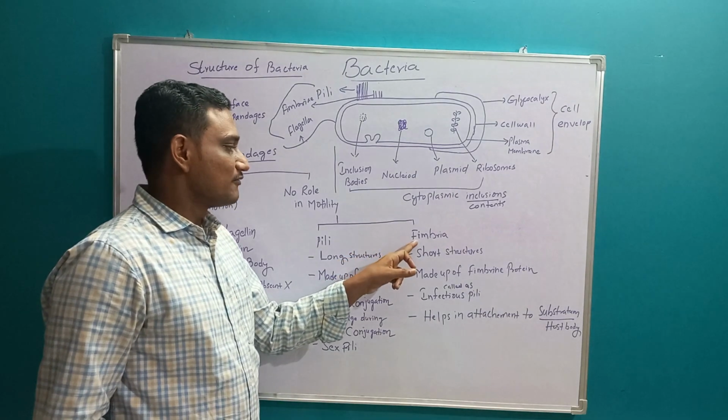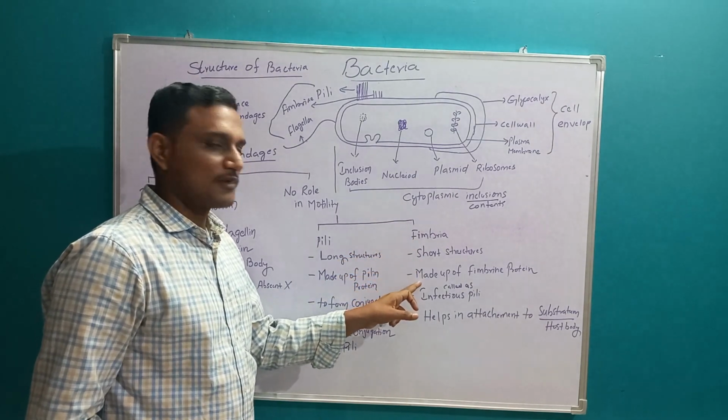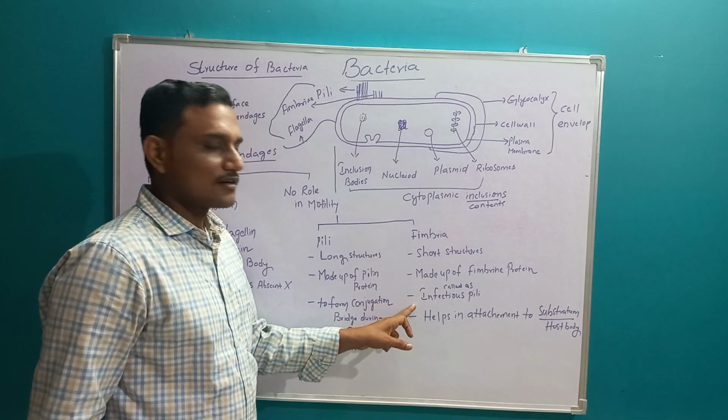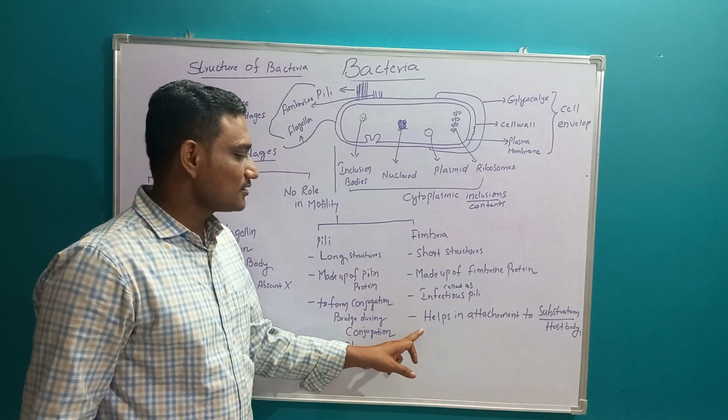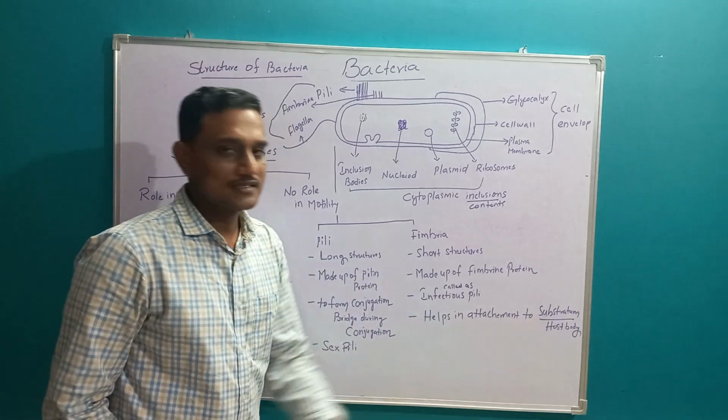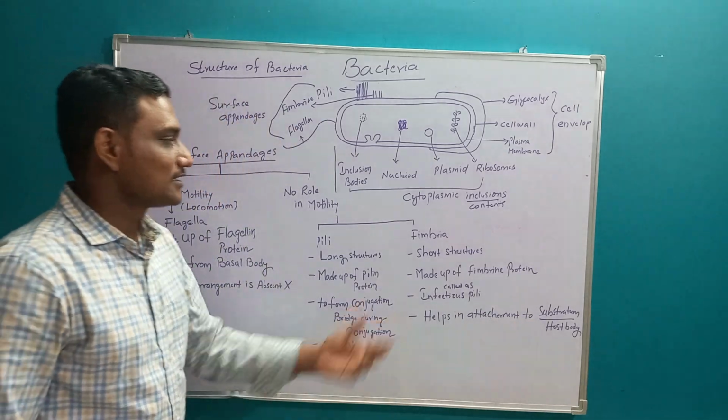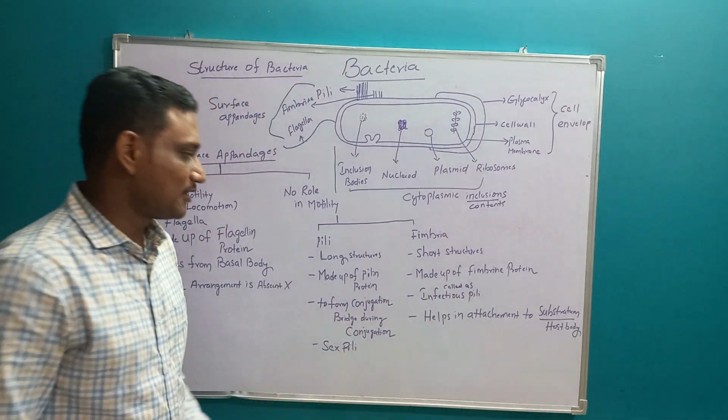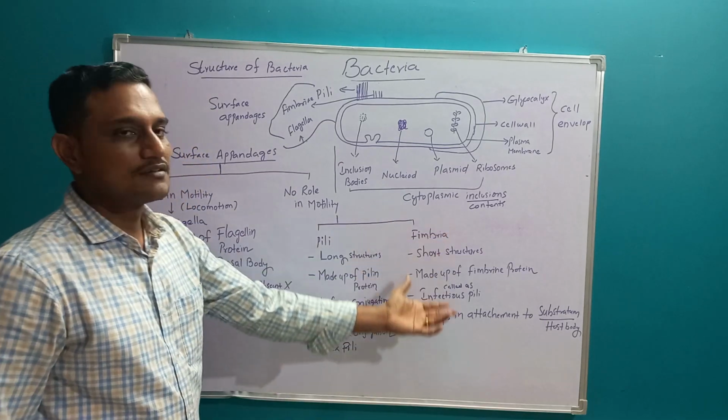So these are fimbriae, short structures made up of fimbrin protein, which help in attachment to the substratum, or we can call it a host body, whatever it may be.